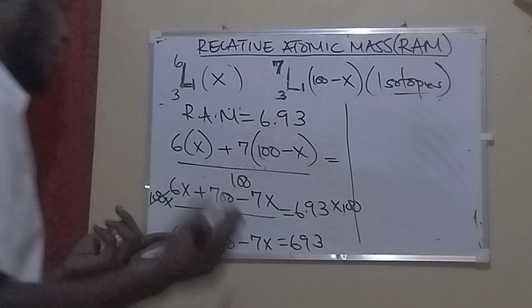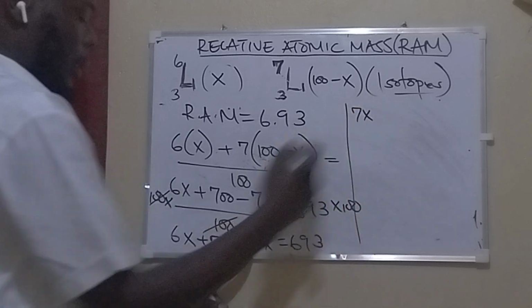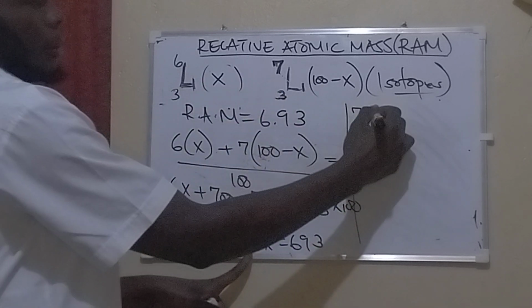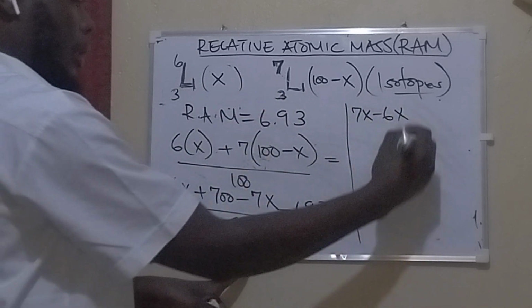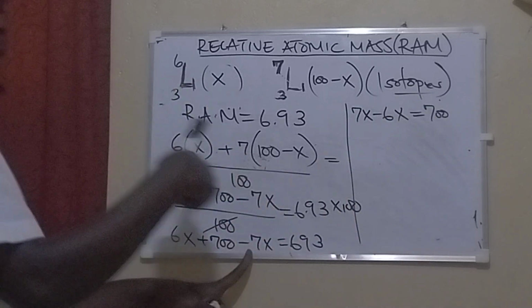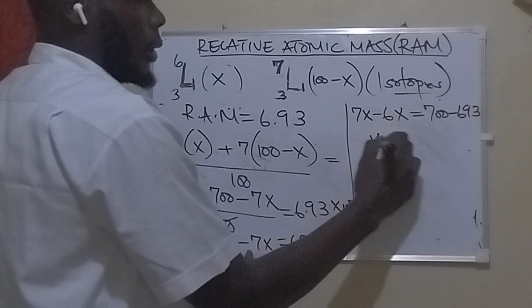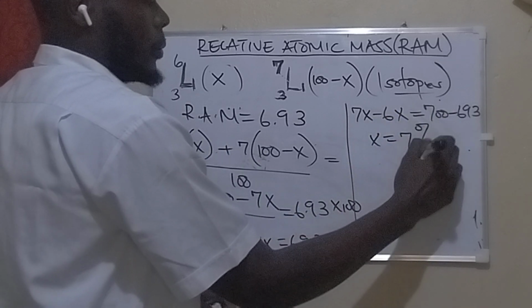Collecting like terms, negative 7x on the other side will be positive 7x, 6x on the other side negative, is equal to, you have 700, 693 to this side, it will be negative 693. So x is equal to 7%.